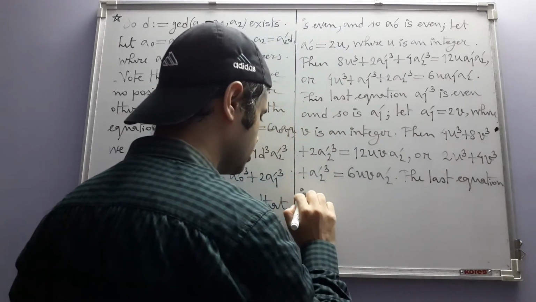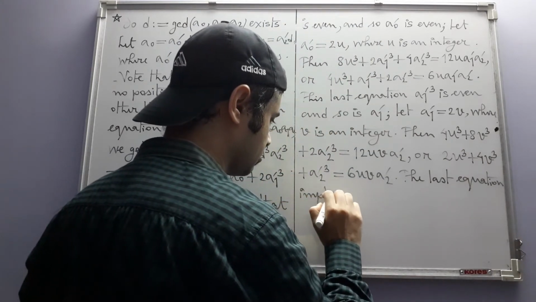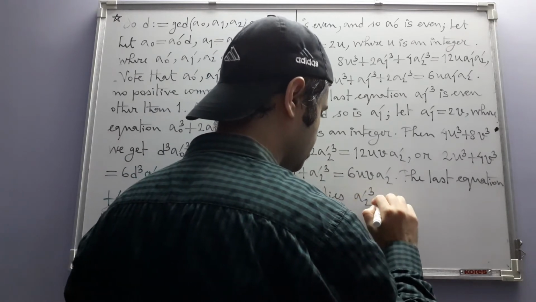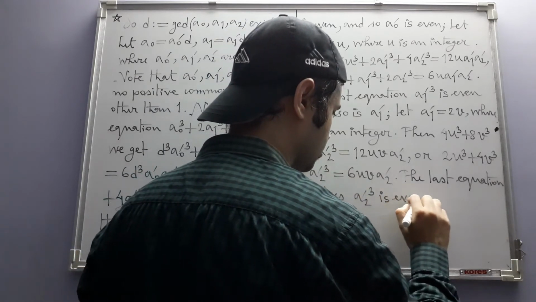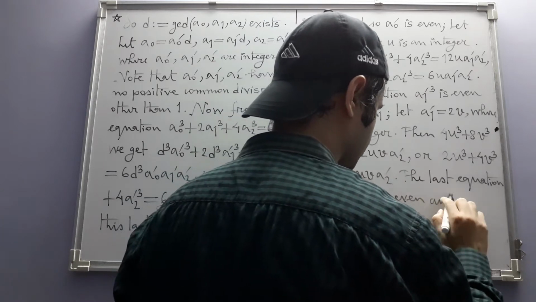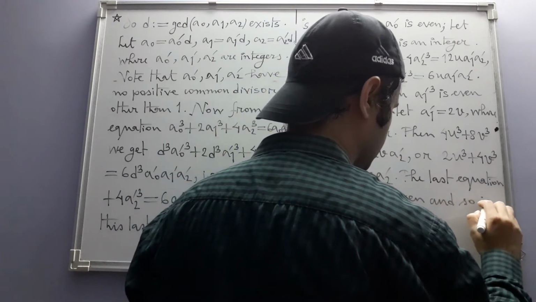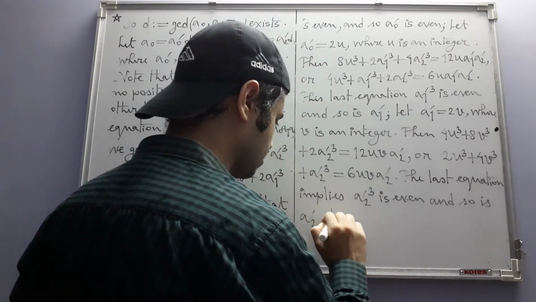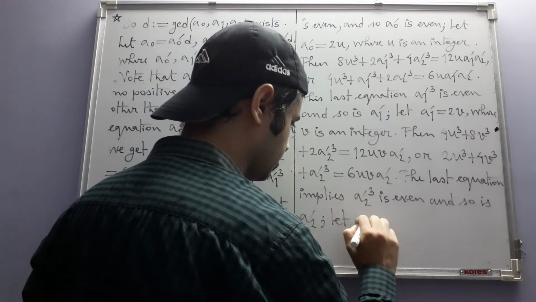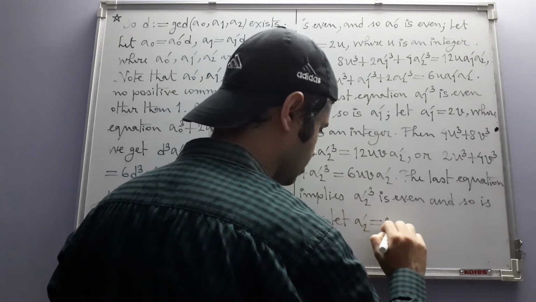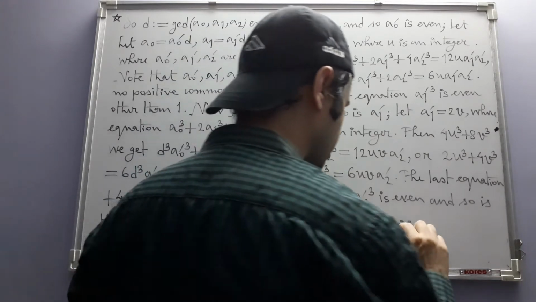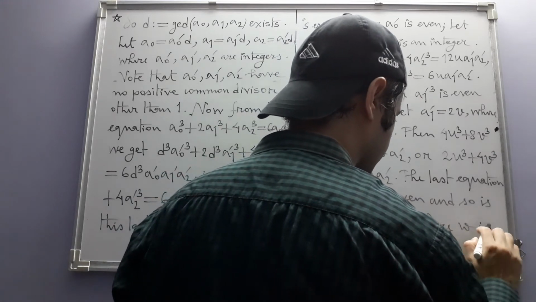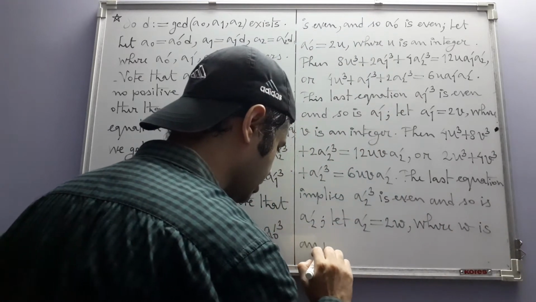The last equation implies a2 prime cube is even, and so is a2 prime. Let a2 prime be equal to 2w, where w is an integer.